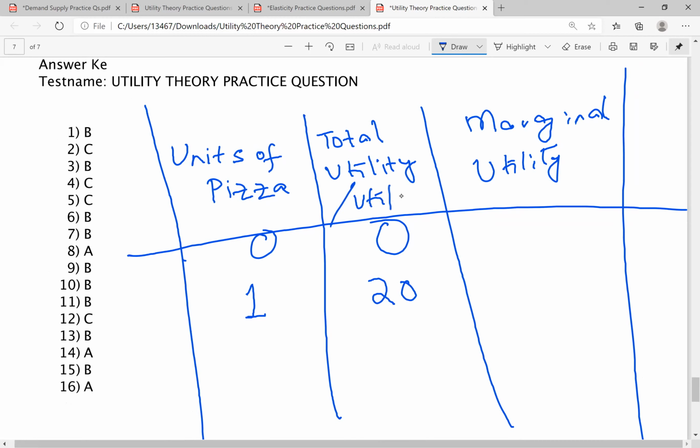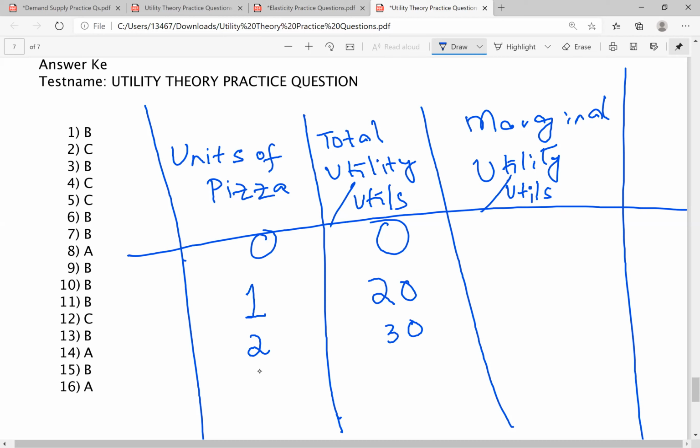Utility is measured in utils. Marginal utility is also gonna be measured in utils. Now I'm gonna eat another slice of pizza. My utility is gonna increase from 20 to 30. See, my total utility is going up.